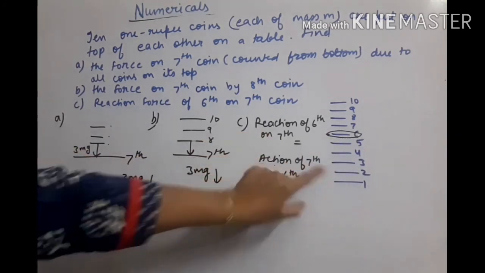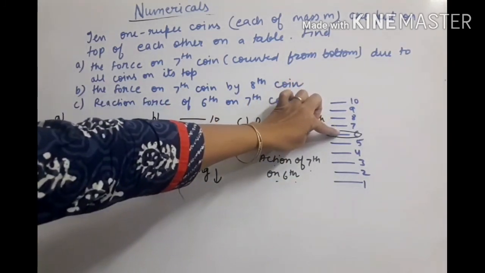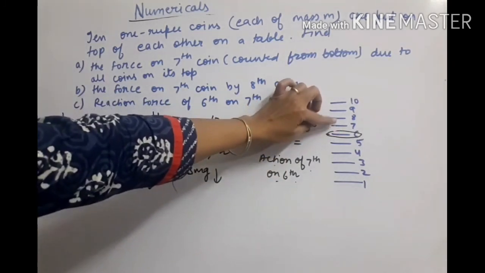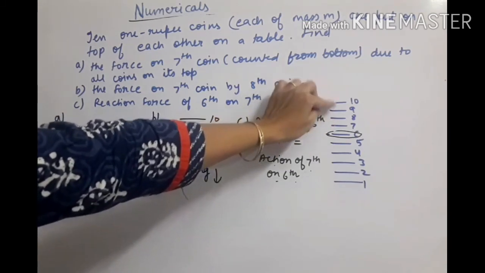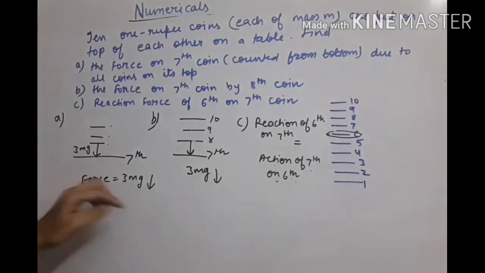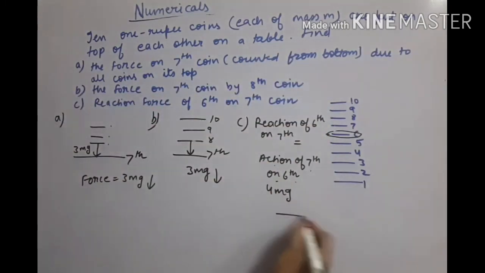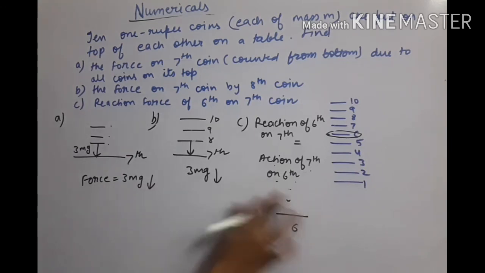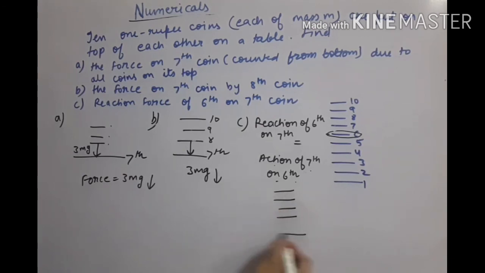So the action of 7th. The 7th coin is applying how much force on the 6th coin? 7th means 7th, 8th, 9th, 10th. All are above, so 4 coins are above it. That means 4 mg weight will be applicable on the 6th coin. We can make the diagram like this: 10th, 9th, 8th, 7th and this is 6th.